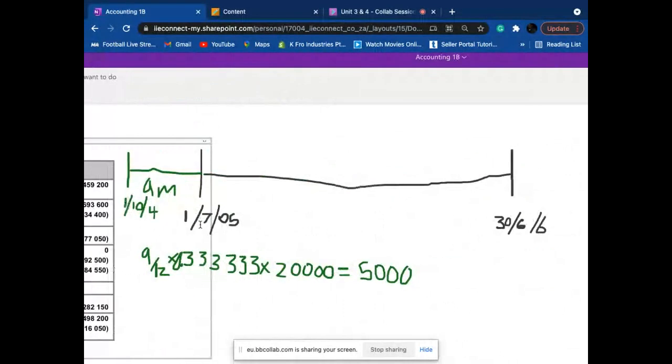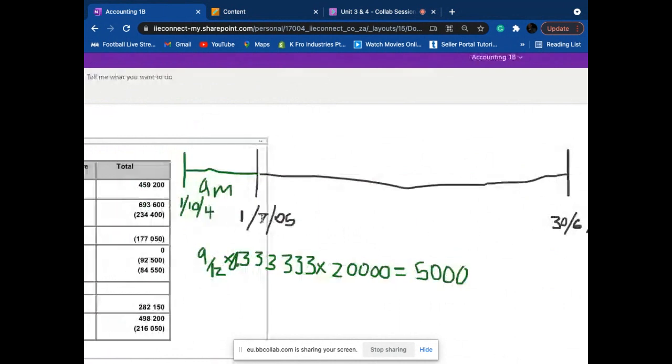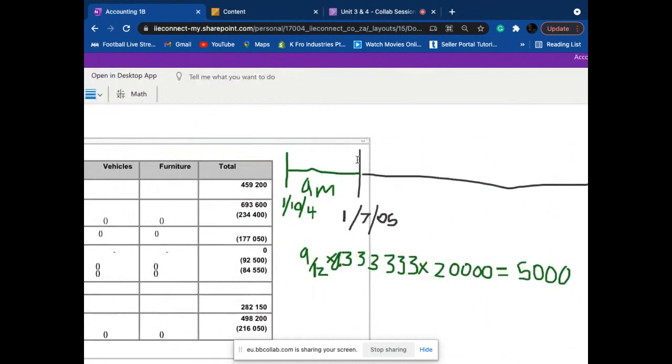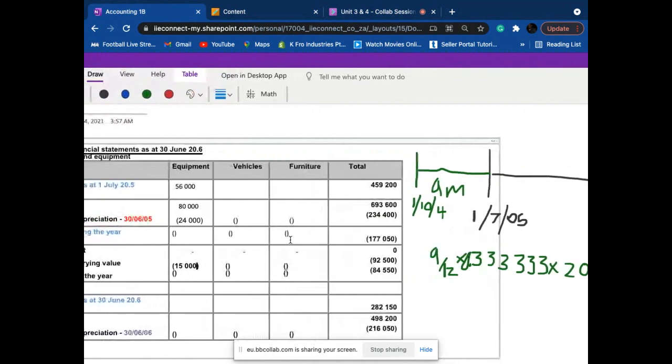So we're talking about from 1 July 2005 all the way to 30 June 2006. Okay. So then we say, okay, we didn't have this asset during that period, but we did have other equipment. Does that make sense? So we then need to say to ourselves, okay, what other equipment did we have?